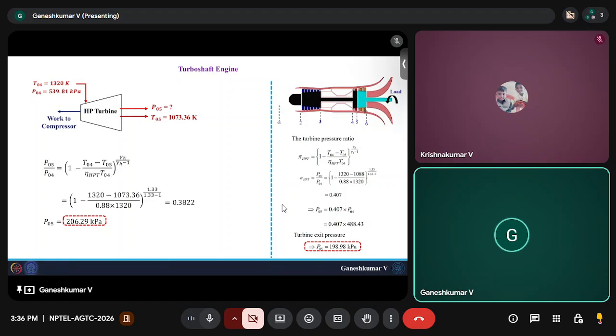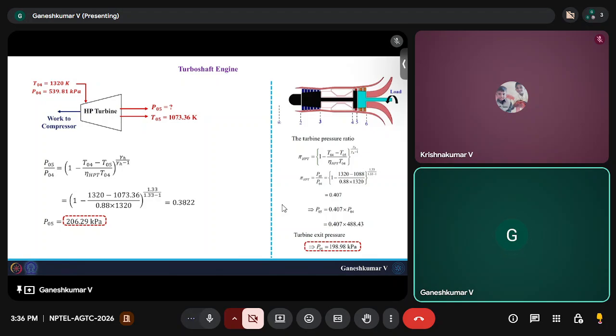Therefore, the extraction here is also happening at higher pressure. You're not seeing pressures lower than 198.98 kilopascals. You are seeing slightly higher pressure, around 206.29 kilopascal, which is like 7 or 8 kilopascals higher.